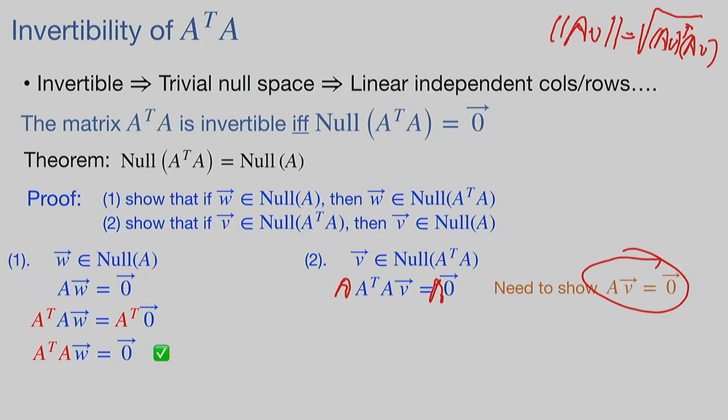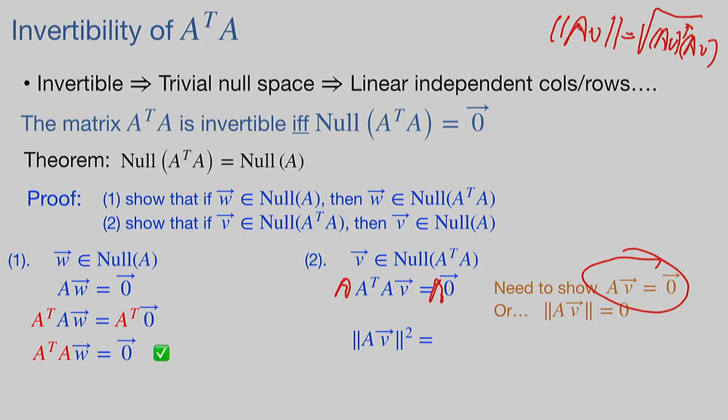That's by definition. What's the norm of X? Square root of X transpose times X. That's the norm. Okay? So we need to show that AV equals 0, but it's enough for me to show that the norm of AV equals 0. I can now manipulate that somehow.